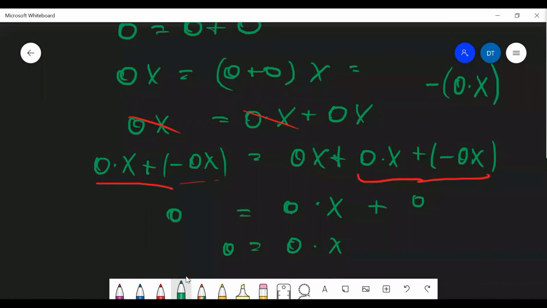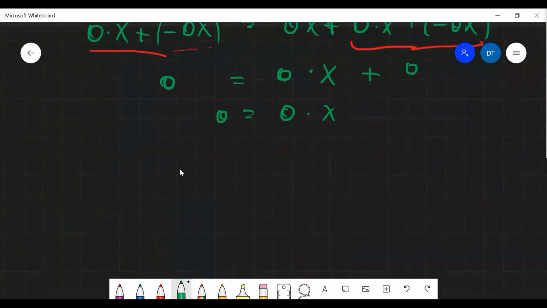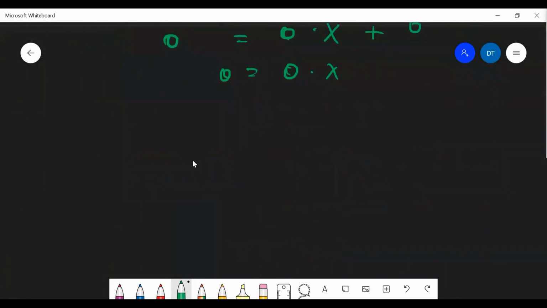Okay, so there are other interesting properties. Let me show you. If you have an element 1 in your ring, then there is an element minus 1, which is the inverse element to 1 with respect to addition. And you can multiply minus 1 by any element x.